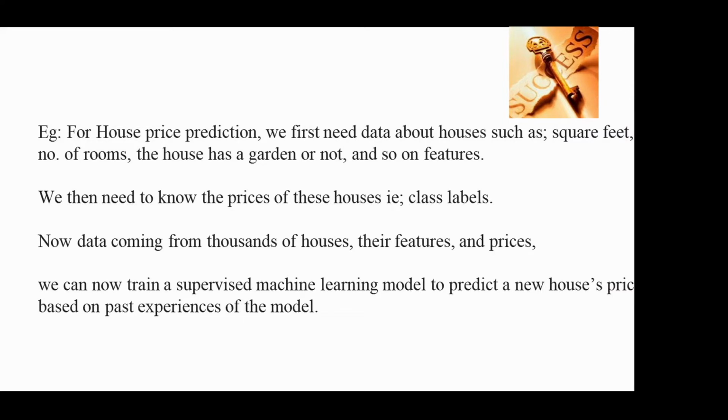If among 3 features 2 features are present, then the class label will be different, meaning the price will be different. So in supervised learning, we are providing the labels while we are giving data to the machine. When the machines are going to be trained, we are supplying the labeled data.